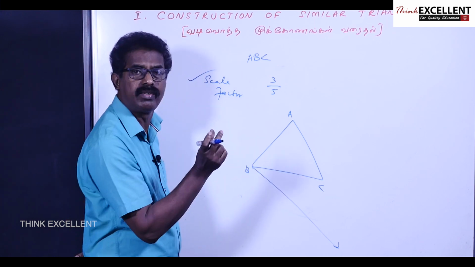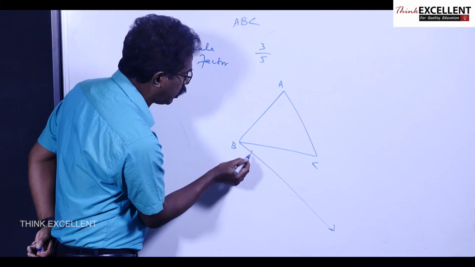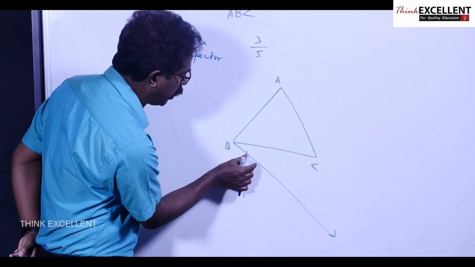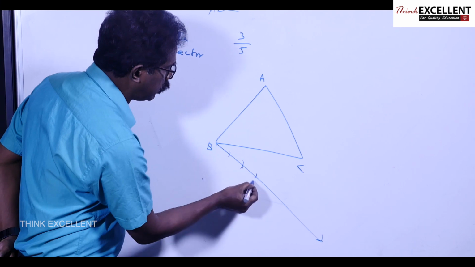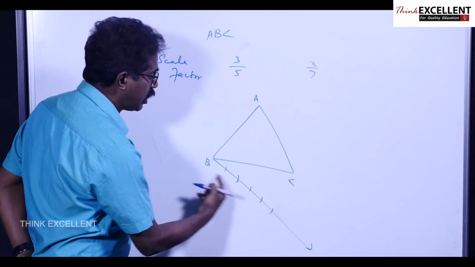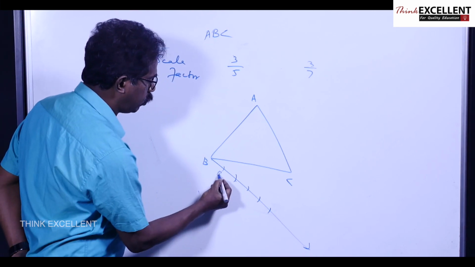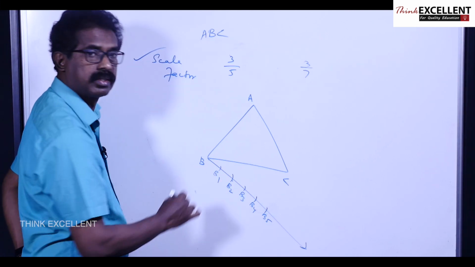Take any convenient measurement using the compass, keep the pointer here, and draw 5 arcs. 1, then keep the pointer with the same measurement, second arc. 1, 2, 3, 4, 5 arcs. Suppose it is 3 by 7, you make 7 arcs, two more, right? Here B, so B1, B2, B3, B4, B5 like that.